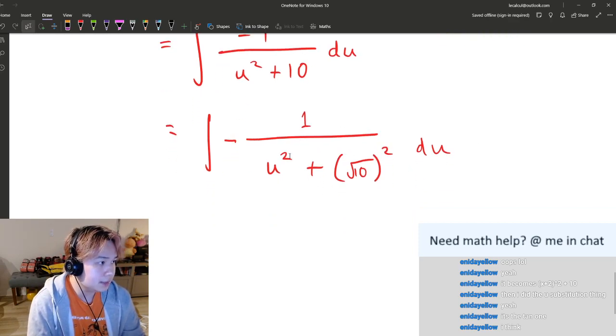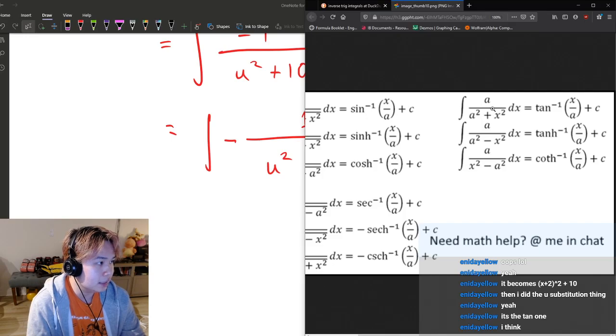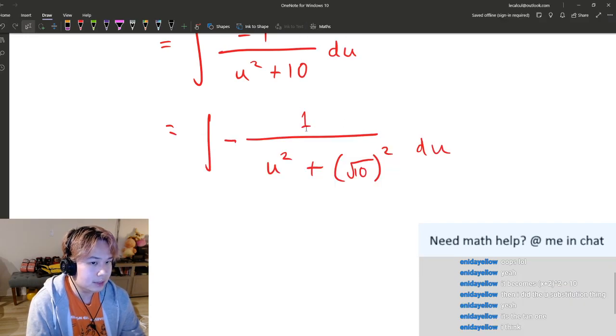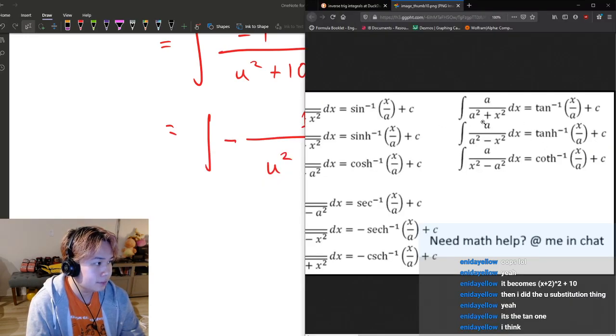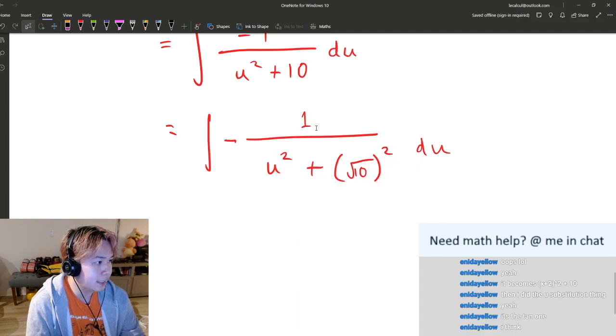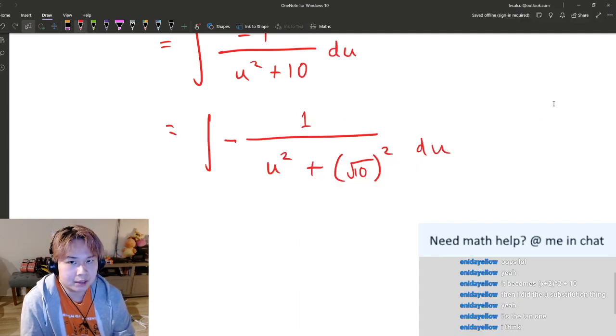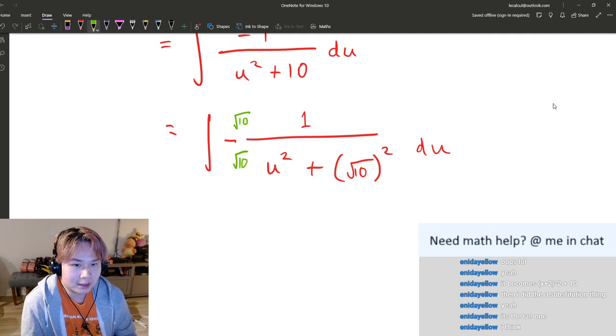Yeah, so the closest one is the tan one, but notice that you do need your a, so you need a square root 10 on the top, but that's fine, we can just make one. So you multiply the top by square root 10, and then you multiply the bottom by square root 10.